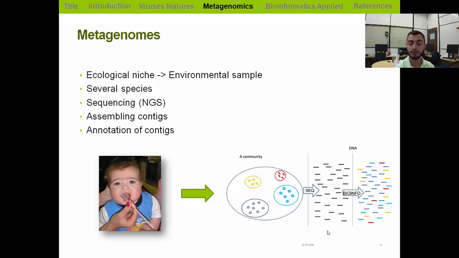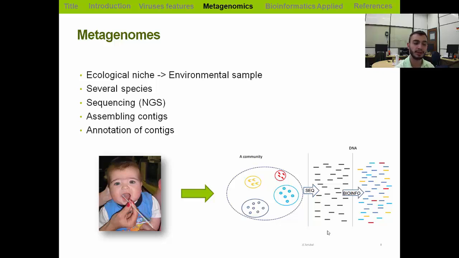So you are not working with just one genome, but with a lot of genomes, and you have these reads and this sequence all mixed. That's the difficult thing, because you have to assemble these reads, and it's not an easy thing. And after you assemble these contigs, you can annotate them.